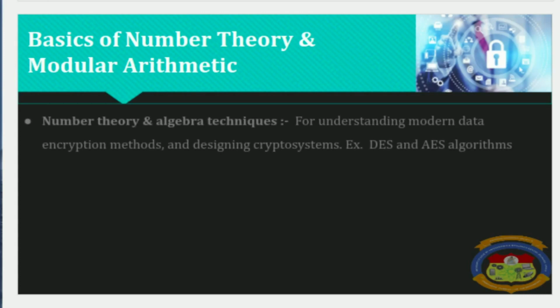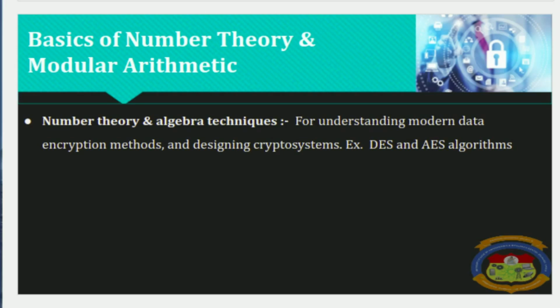Thus, in cryptography, there are certain mathematical backgrounds for understanding modern data encryption methods, and they also introduce certain applications in the cryptography area. Mostly, certain areas of number theory and algebra techniques are used for designing cryptosystems. Examples of cryptosystems are the DES and AES algorithms. We know that integer arithmetic and binary operations belong to the basics of number theory.